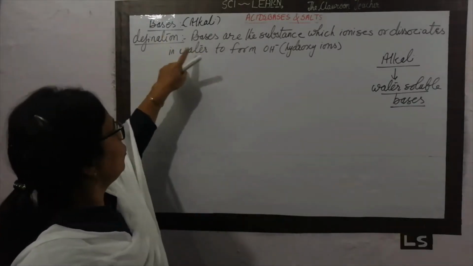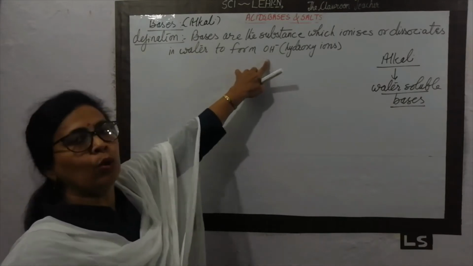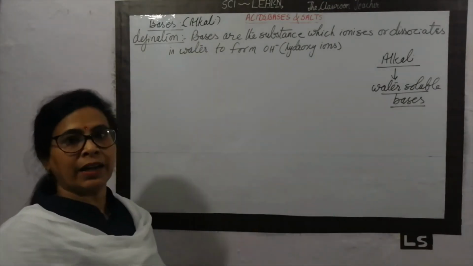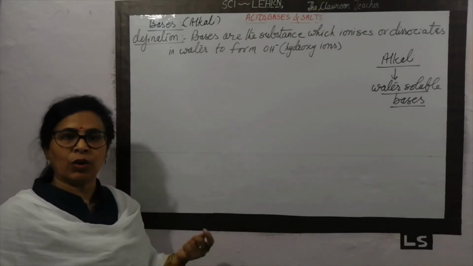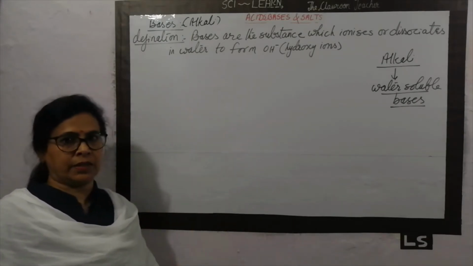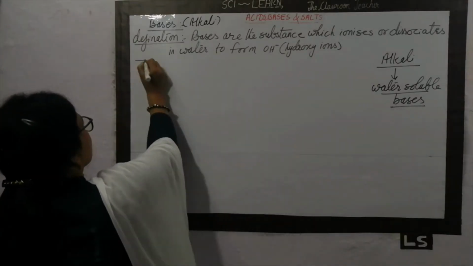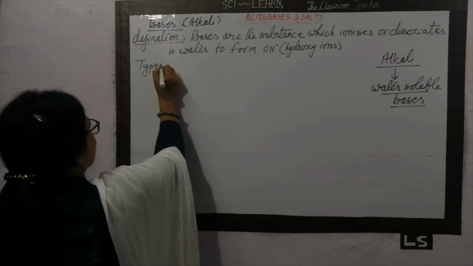So when we dissolve bases in water, what happens? OH negative, that is the hydroxy ion, is formed, and when hydroxy ion is formed, we call it a base. Again, there are two types of bases. One is called strong bases.